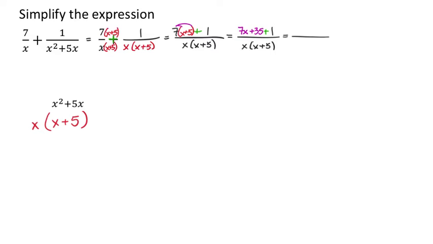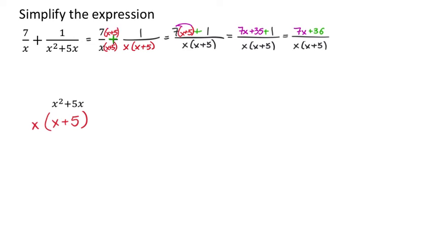It's possible you may have skipped that step and then went straight into this expression. So again, the numerator, I'm just looking for any like terms to combine. 35 plus 1, that would have been positive 36. So most students don't usually show this step because they can do the 35 plus 1 or they see it. Some do, though, and if you feel like you need to show it, then do show it. It's good to show your work.